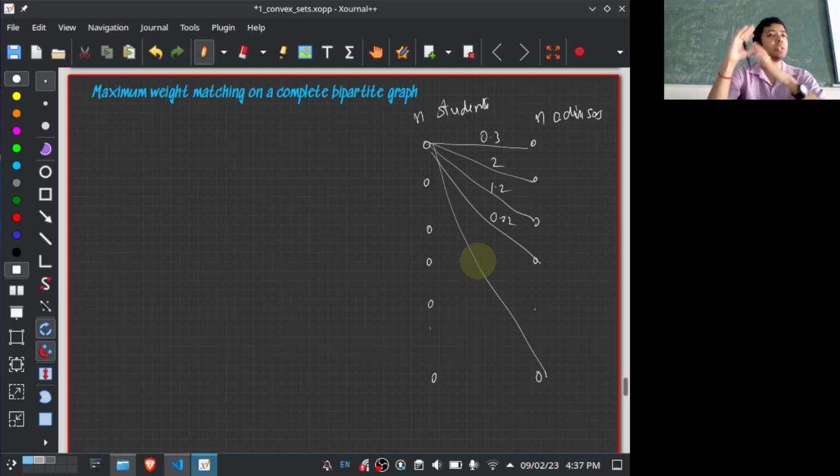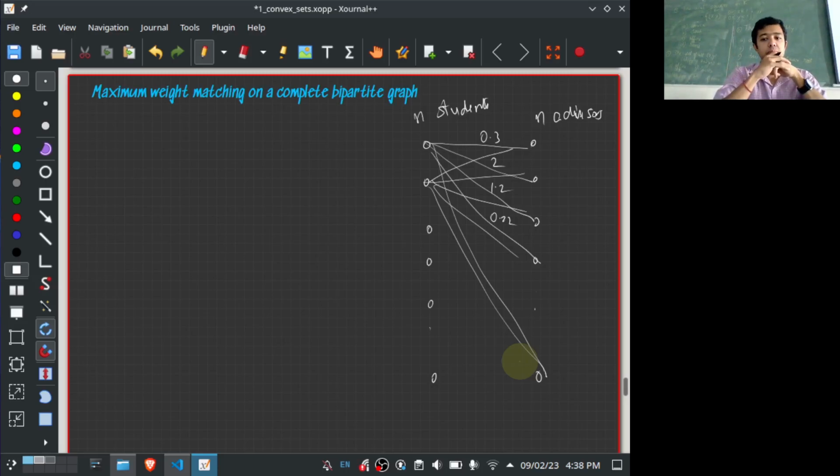The absolute values of the numbers don't really matter. At least for this purpose, we don't care what they are. Maybe they could be integers, for all we care. And this is done by each student. Okay, and the goal is to somehow come up with this allocation.